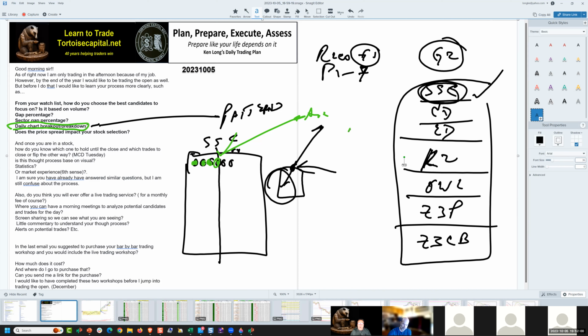And so every one of those things is a pattern that has a reason to get long and has an appropriate execution risk, which tells you when that pattern fails, and then it may or may not lead to a stop and reverse.